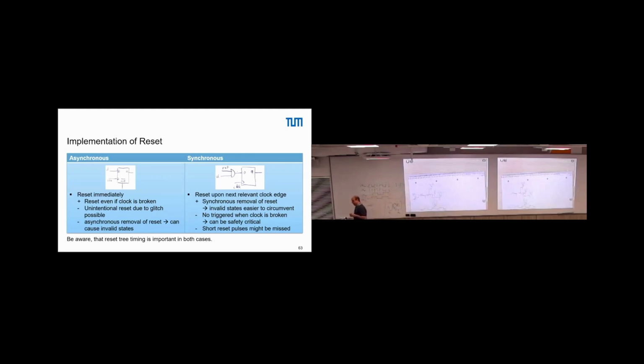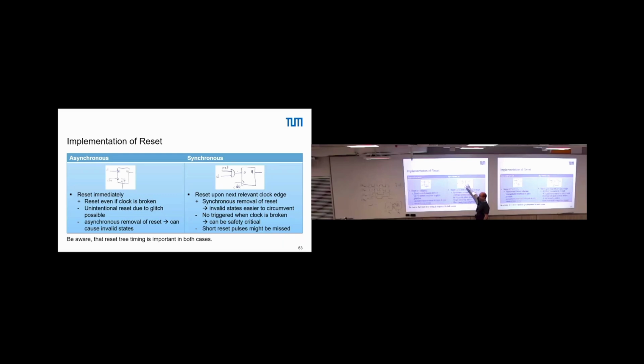So that's where I probably go back to this one here. You have two possible designs. In principle, you have an asynchronous reset flip-flop, or you have a synchronous reset. Synchronous reset means effectively the input of the data is ANDed with the reset, and then the reset comes with the clock.